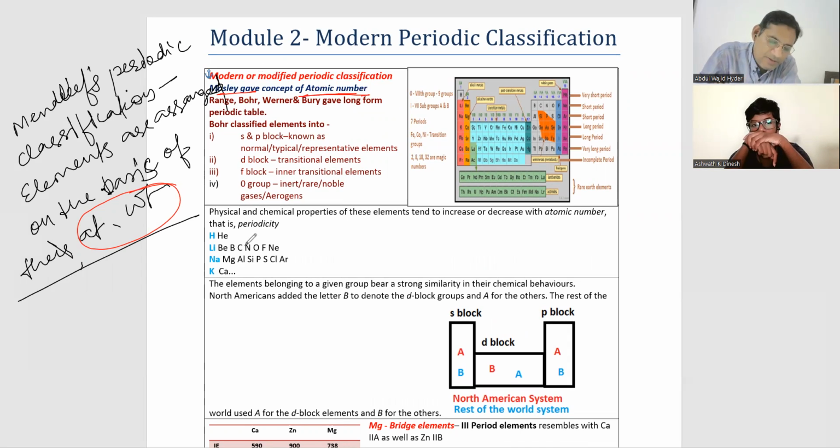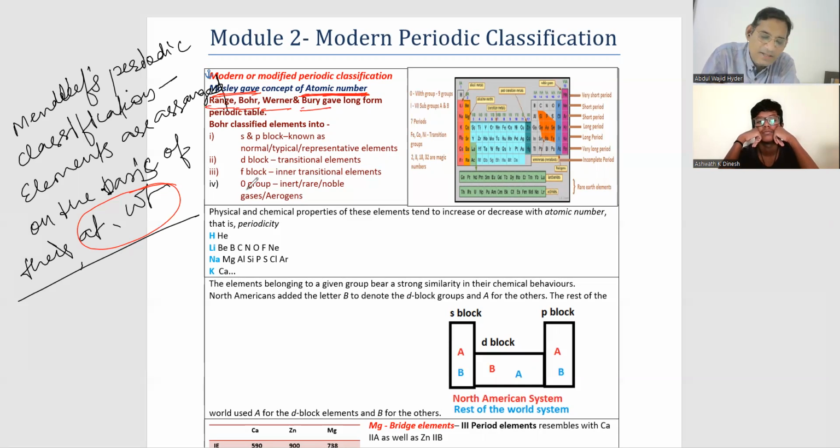This was given by Moseley. So this is known as Moseley's modern periodic classification, and even the atomic number concept was given by Moseley.